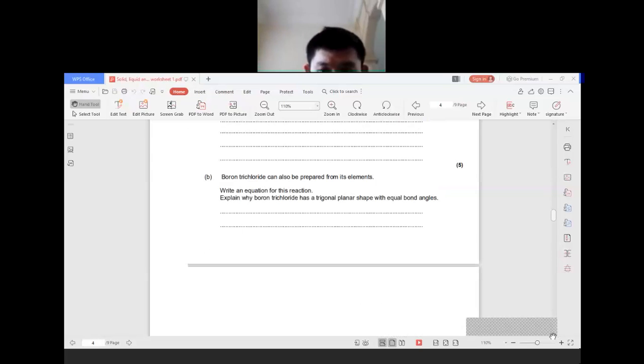Boron trichloride can also be prepared from its elements. Write an equation for this reaction. Explain why boron trichloride has a trigonal planar shape with equal bond angles. With equal bond angles because of the same repulsion: 3 bond pairs repel equally, correct?